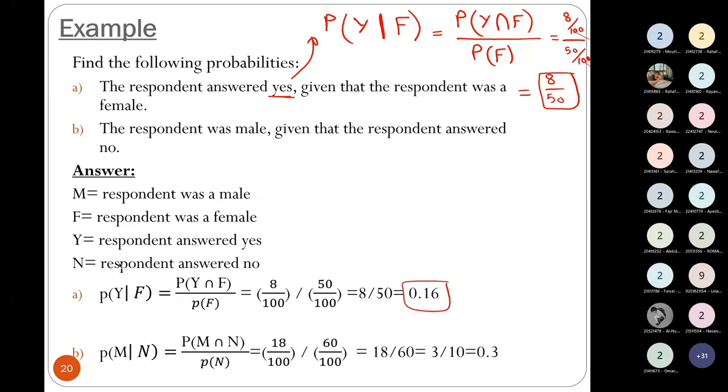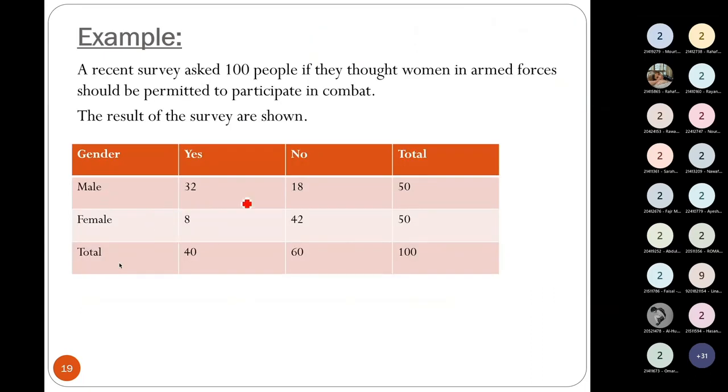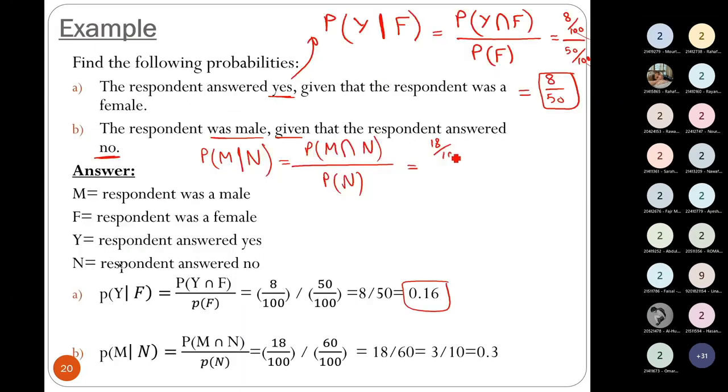Now, the respondent was male, given that the answer was no. So this is the probability of male and no, over no. Male and answered no is 18 over 100, all students.